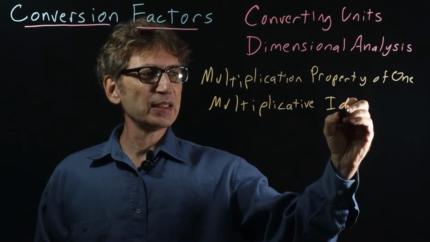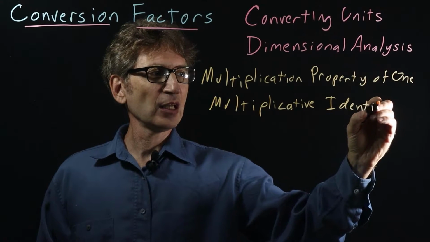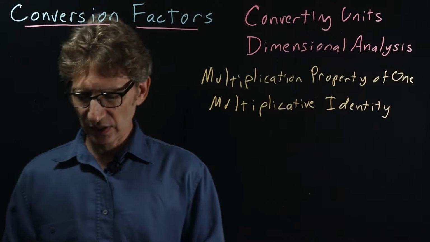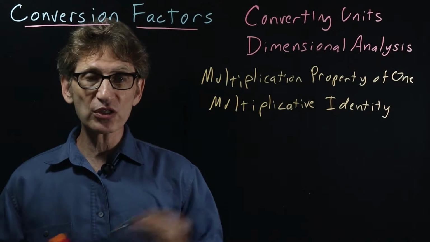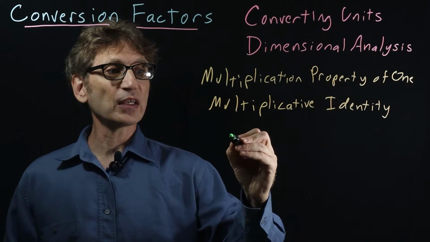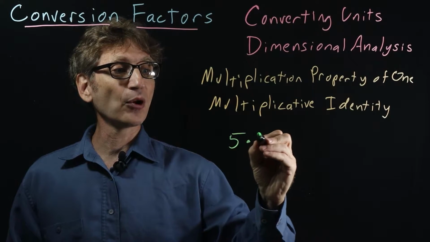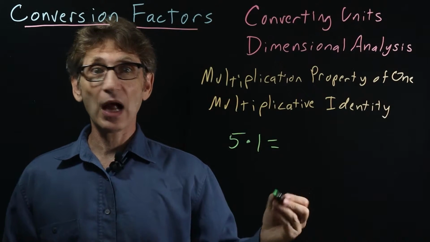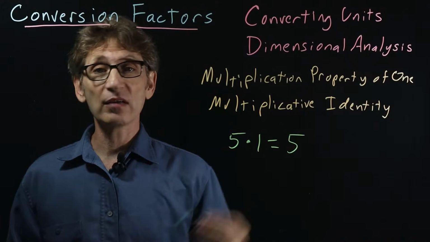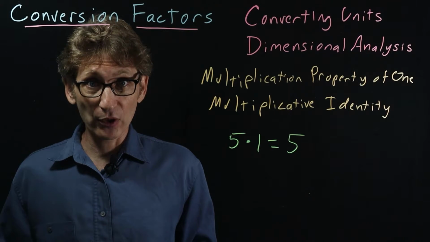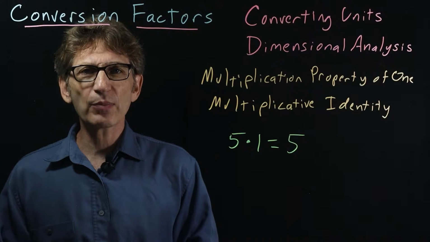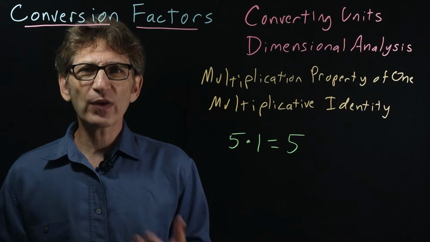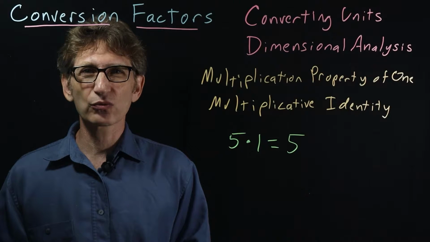Multiplicative identity. What this property tells us is that if you multiply something by the number 1, you don't change its value. So if I take the number 5 and I multiply it by 1, I get 5. Well, that seems pretty obvious. If I multiply something by 1, I get the same thing I started with. But it's a really powerful tool in math, and it's the fundamental reason that conversion factors work.